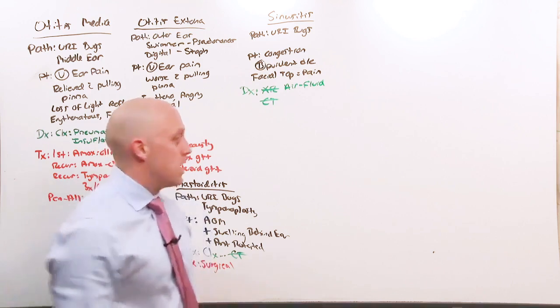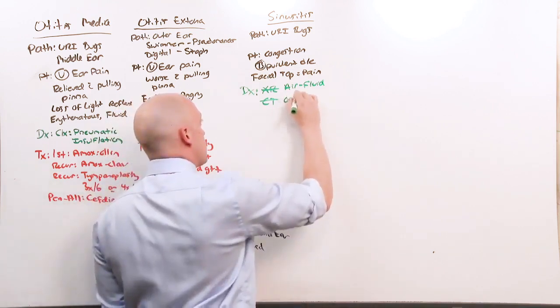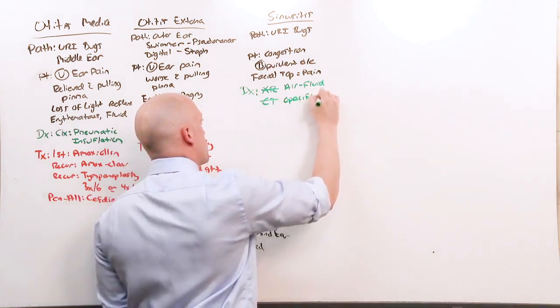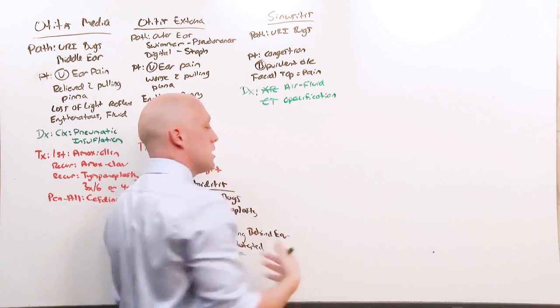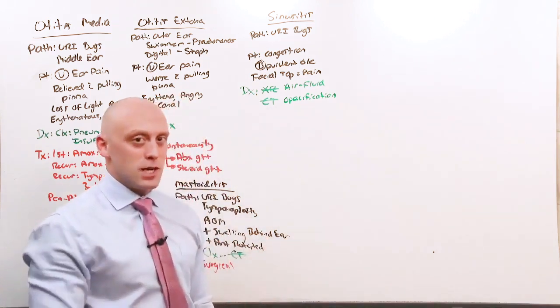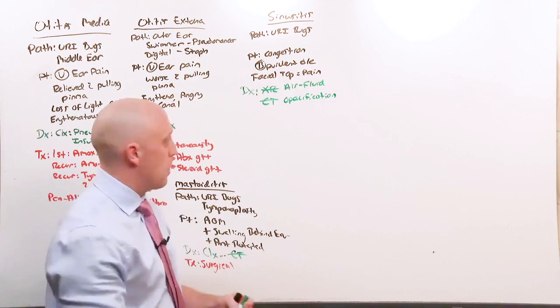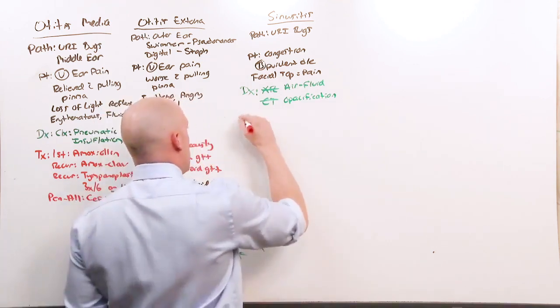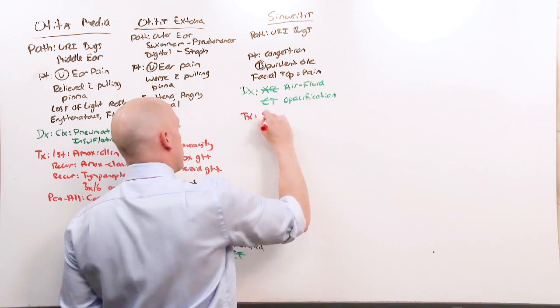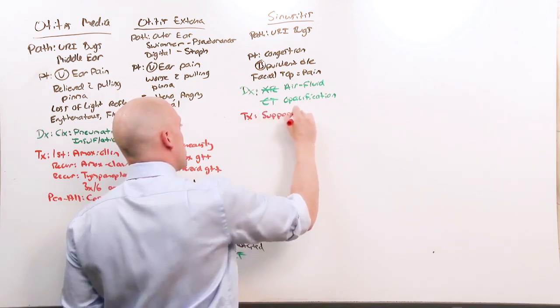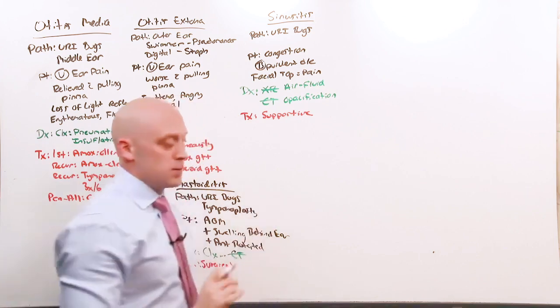And the CT scan is going to show you opacification. You're going to see which of the sinuses is involved, but you don't need those tests to treat, so don't do them. And the treatment is going to be supportive, unless it is so obvious that it's bacterial.